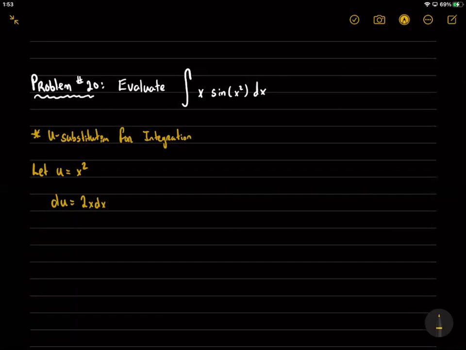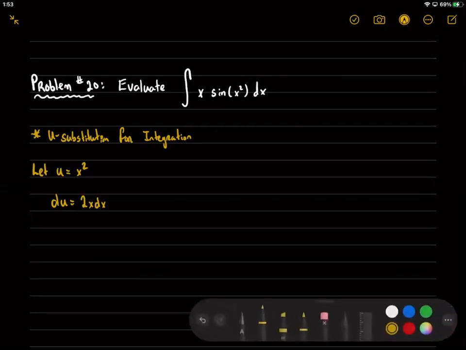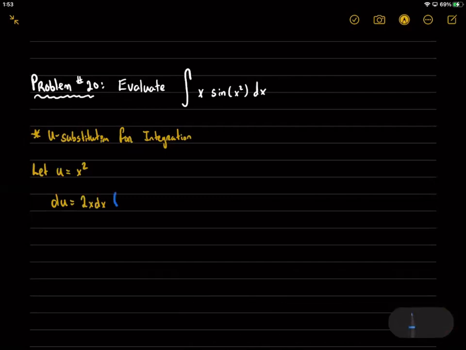I don't have 2x dx. So before I can make some sort of substitution or replacement there, I need to divide both sides of this equation, du equals 2x dx, by 2. Now, if you divide both sides of the equation by 2, it's the same thing as saying that you're multiplying by positive 1/2, right?